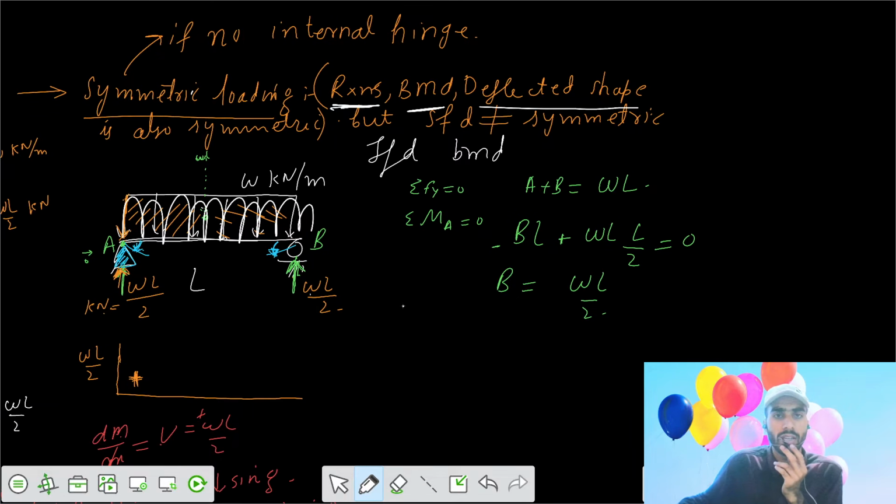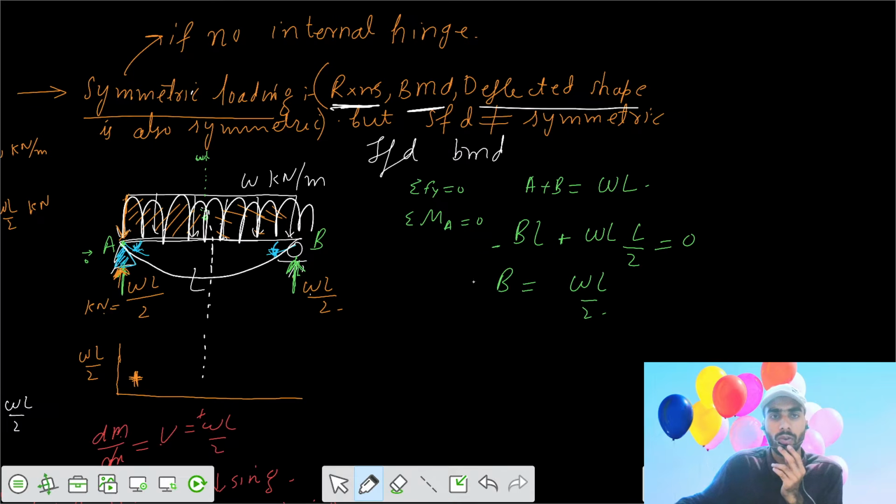If you want to draw the deflected shape of this curve, the deflected shape would be this way. It is symmetric about, say, this reference middle part, the mid span. About that, the deflected shape is symmetric.